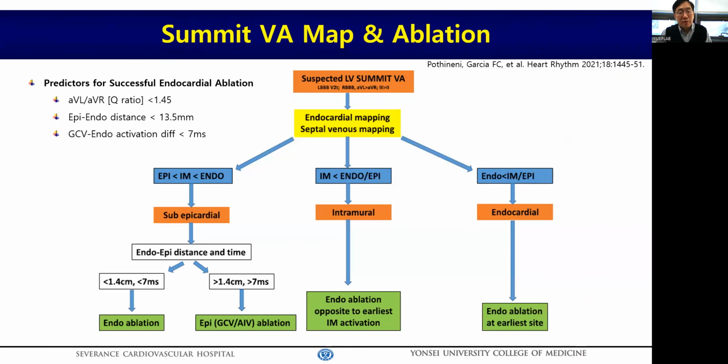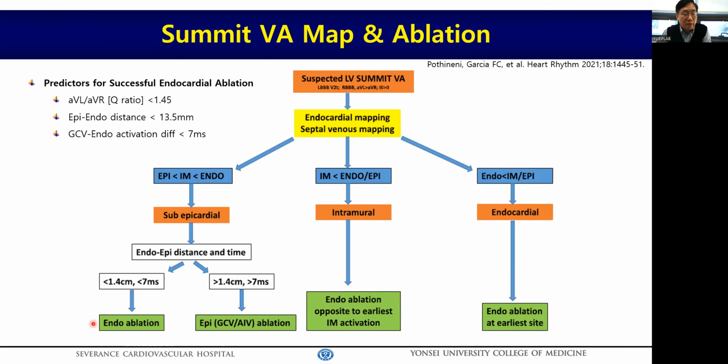This is a decision tree provided by Garcia. You can try endocardial ablation at the earliest activation site if it is an endocardial focus. If it is an intramural focus, a coronary vein map is useful, and you can start the endocardial ablation as opposed to the earliest activation site. If it is a subepicardial focus, you need to map the corresponding endocardial site first, as I did.